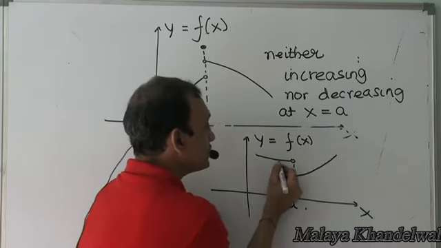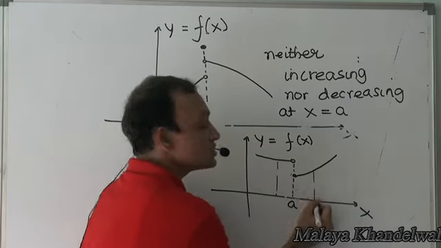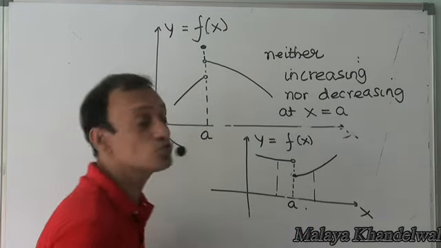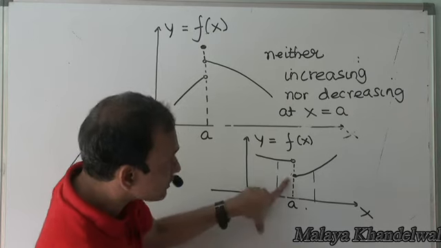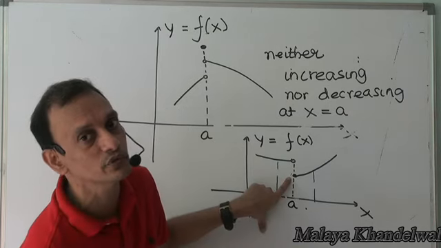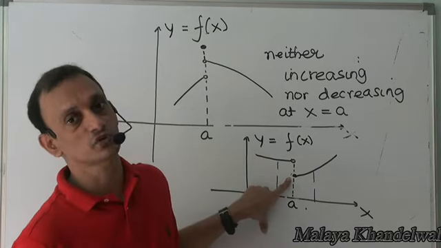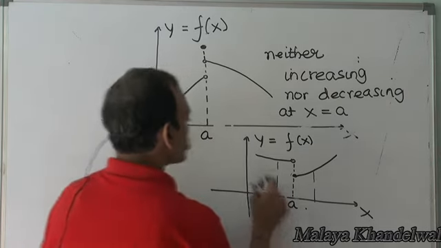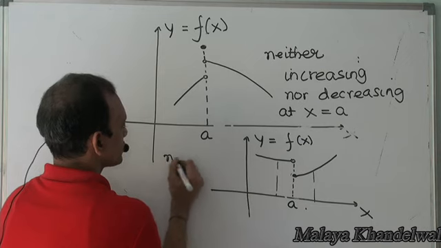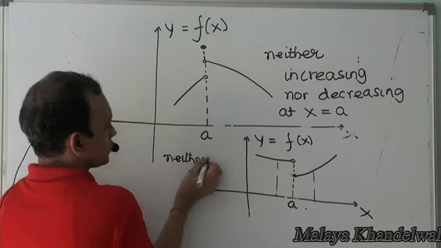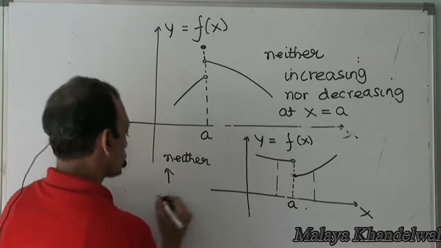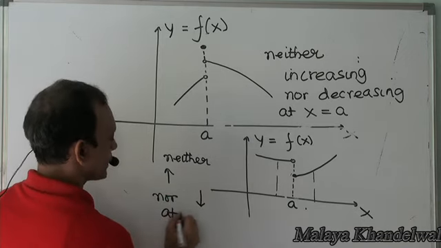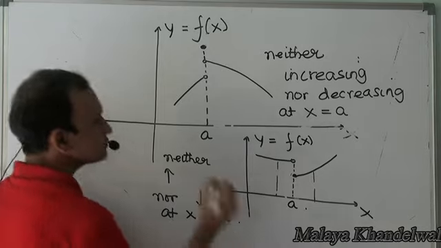Can you find an open interval surrounding x equal to a in which the function is either strictly increasing or strictly decreasing? You cannot. So in this case, again, the function is neither increasing at x equal to a nor decreasing at x equal to a. This is what it means, right? So this is also neither increasing nor decreasing at x equal to a.